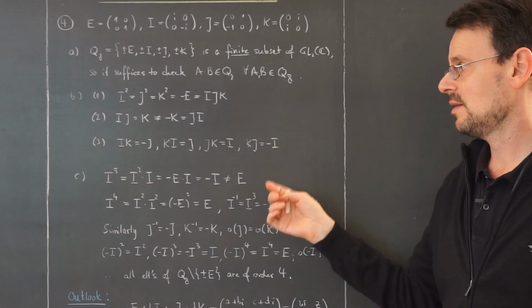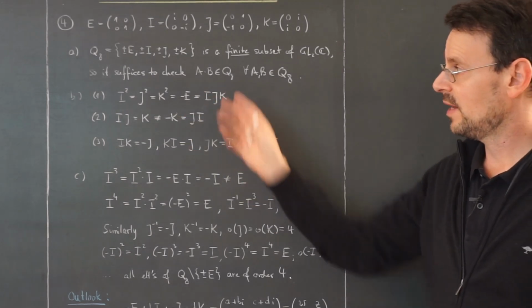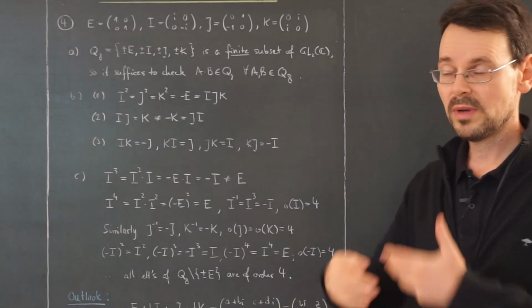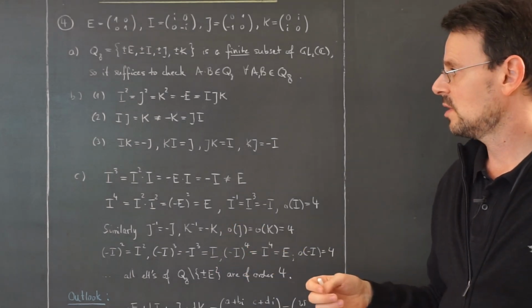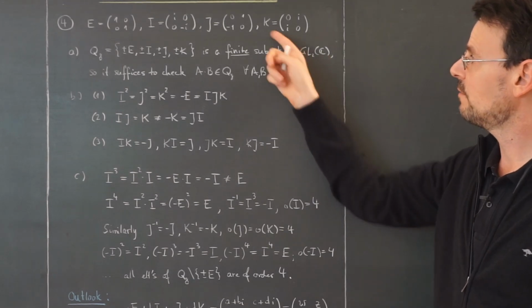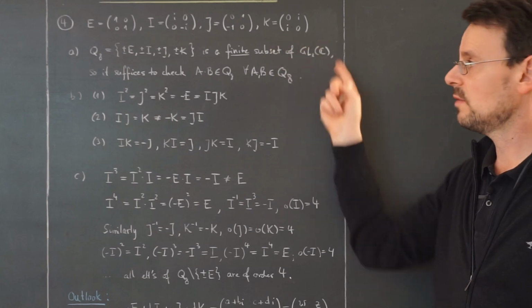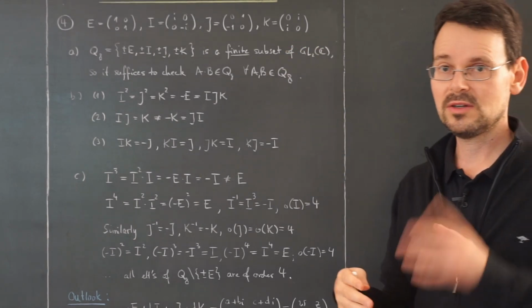And this is a pain to verify, that the abstract definition of the quaternion group gives you actually an associative operation. So here we have the great advantage that we're inside of a matrix group, and here we already know that matrix multiplication is associative.